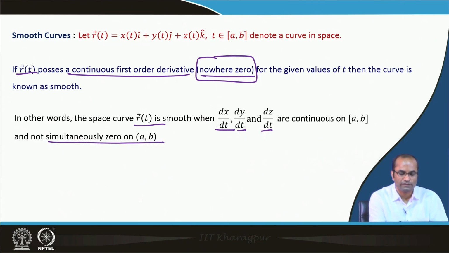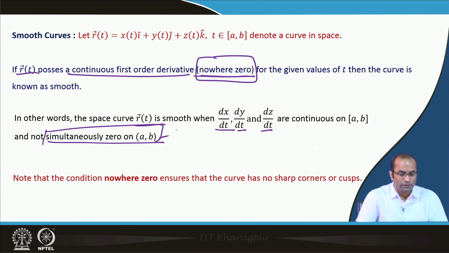That means, for a given t they are not all 0 altogether in the whole interval [a, b].